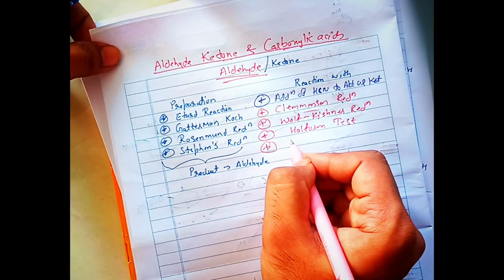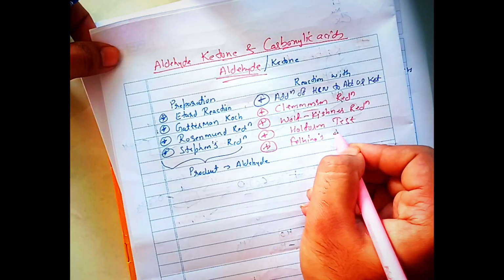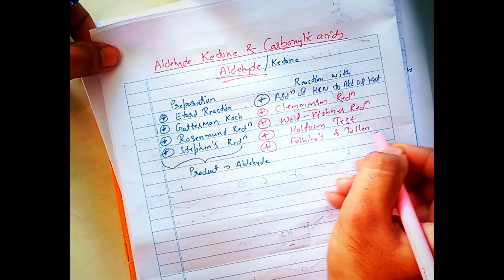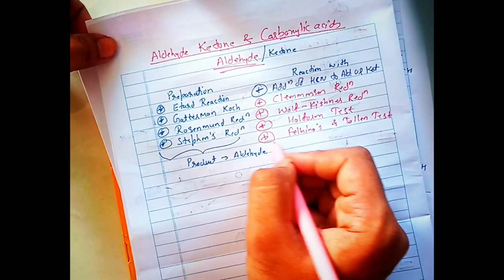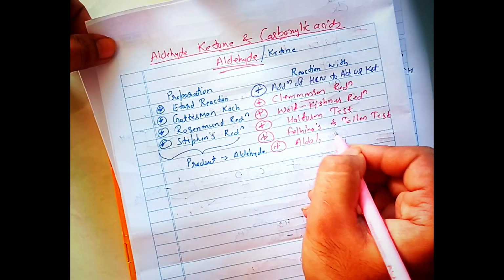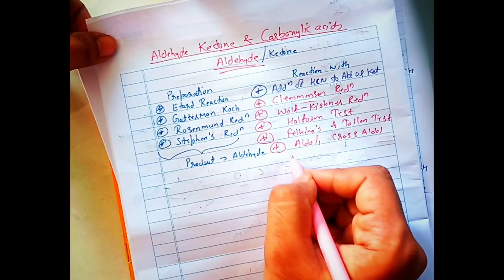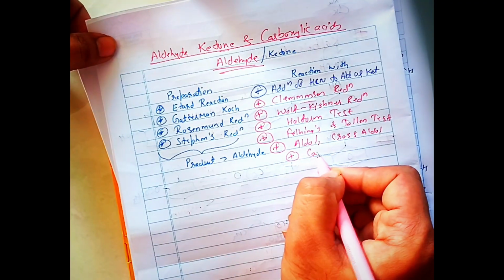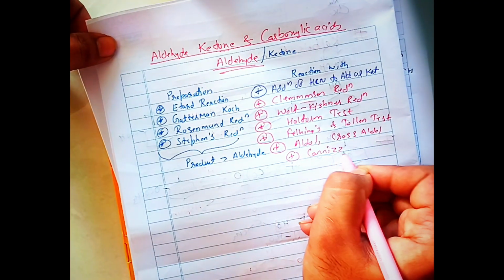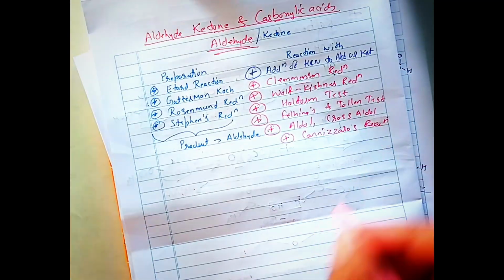Okay, then there will be Fehling's and Tollens' test, right? And then there will be aldol condensation, cross aldol, and then Cannizzaro's reaction.